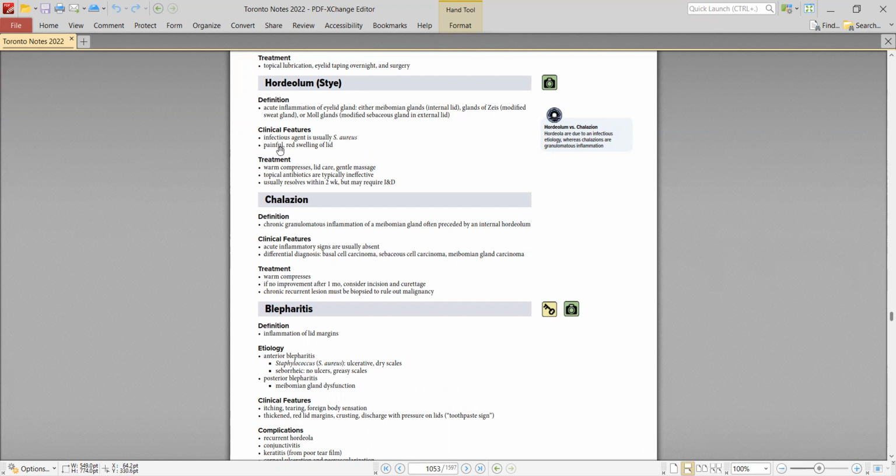This can be treated with warm compresses and lid care: not touching with bare hands, washing the hands, keeping eye hygiene, warm compress, lid care, like using some mild shampoo to clean the eyelashes.